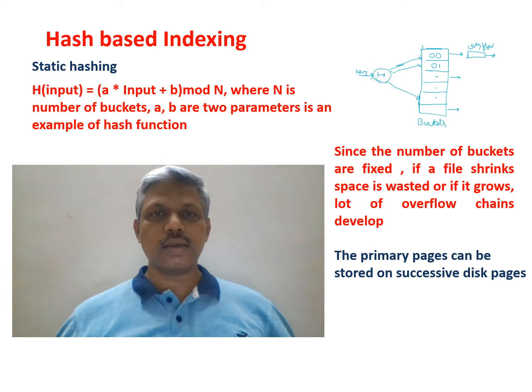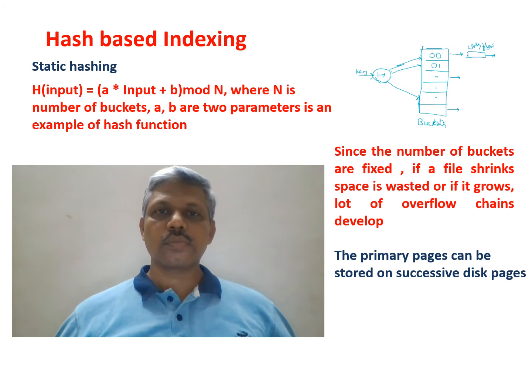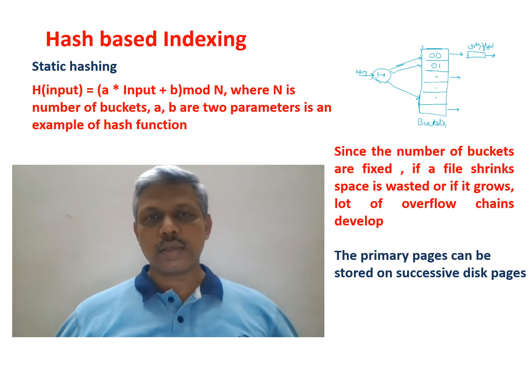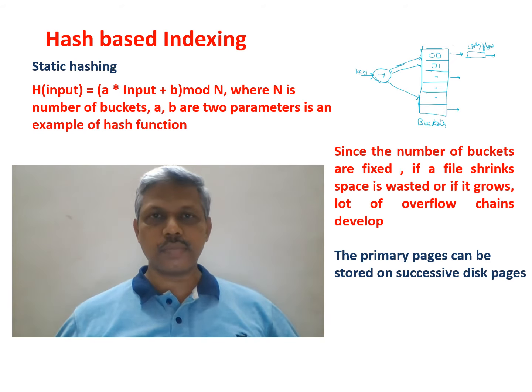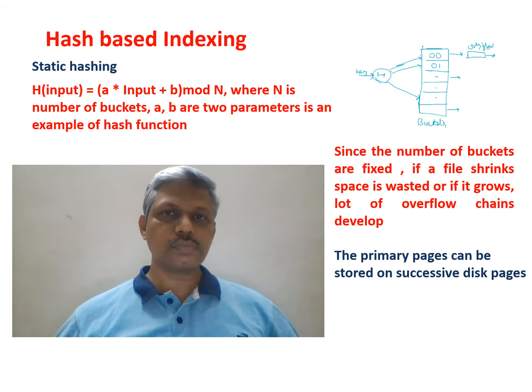Once you fix that, given parameters a and b, we can create a mathematical function which computes a times the input plus b, modulo N. This is how the hash value can be computed, where a and b are integers, and the input should also be an integer. Even if a string is given, it can be converted into a suitable integer, and then we can compute the values. It's all a mathematical process.